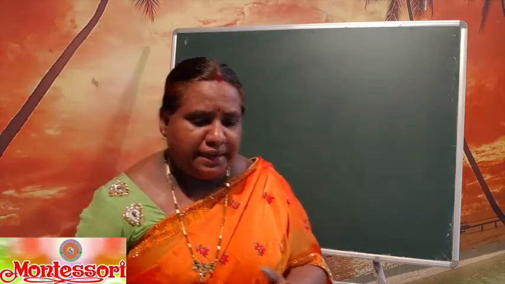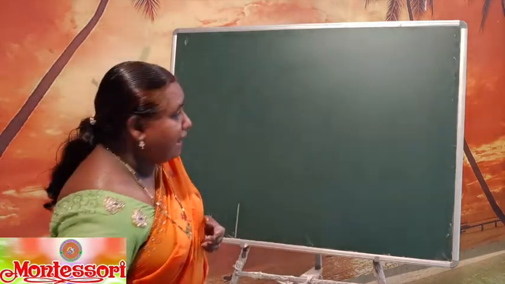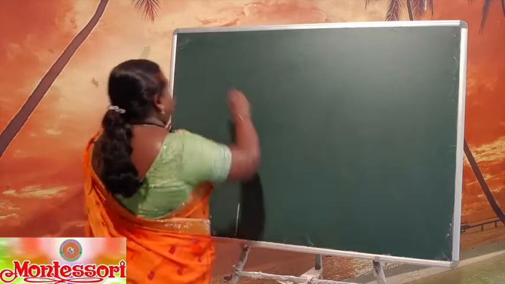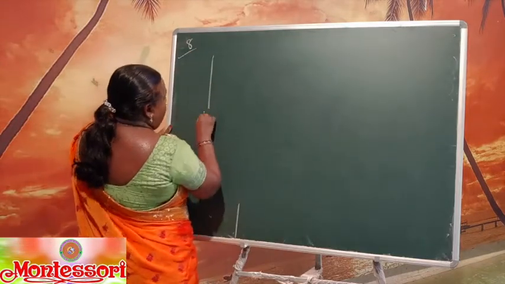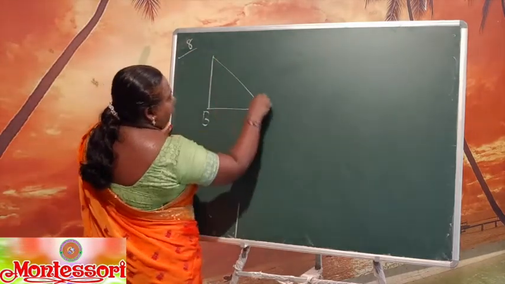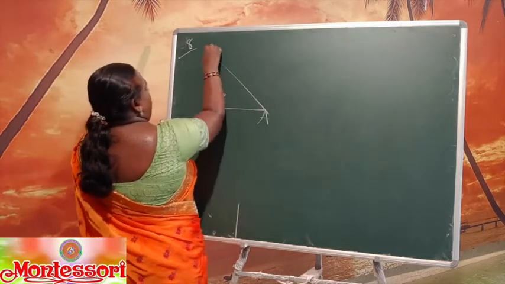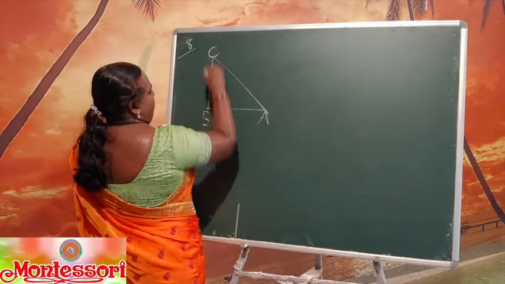And the next sum in exercise 11.1, that is in right angled triangle ABC, right angled at B. The question you have to go through very carefully. They clearly give right angle at B. So you can mark A and C anywhere.